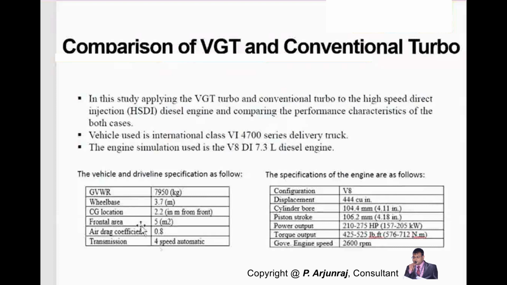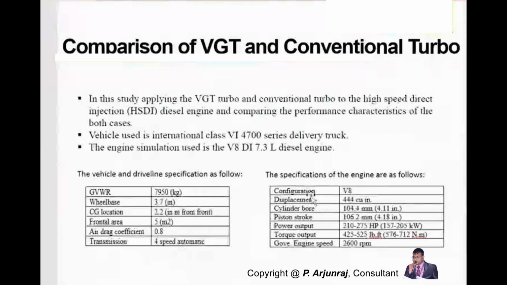So this is the configuration and specification of the truck, having a gross vehicle weight of 7,950 kg. This is the wheelbase. The CG location is this. The frontal area of the vehicle is 5 square meters. The air drag coefficient is 0.8. And this is a 4-speed automatic gearbox.